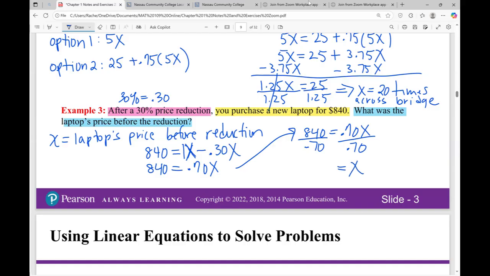So we're going to take 840, divide by 0.70, and we get 1,200. And again, think about what that 1,200 represents. What are the units? It's the price of the laptop before it was reduced. So it's $1,200. That was the cost of the laptop before the price reduction.